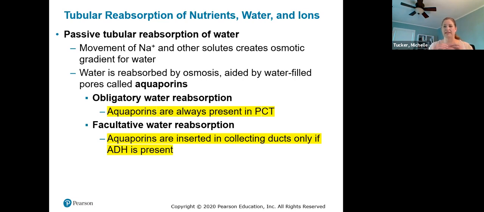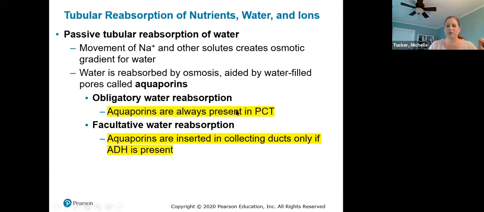It can go through the transcellular pathway if aquaporins are present. It can also go paracellular, between the cells, wiggling its way through. That's based on the osmotic gradient. So water reabsorption in the proximal convoluted tubule is facilitated in any and every way.